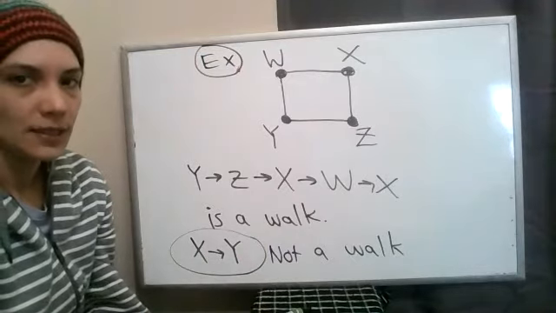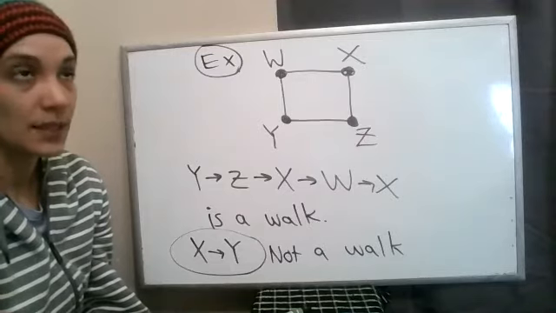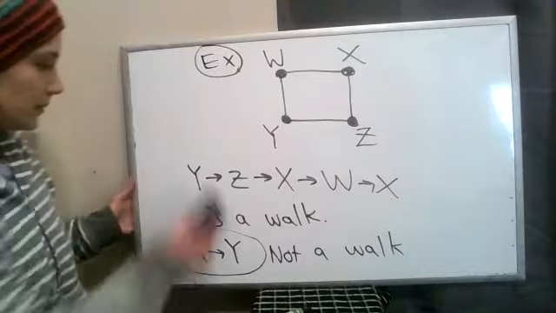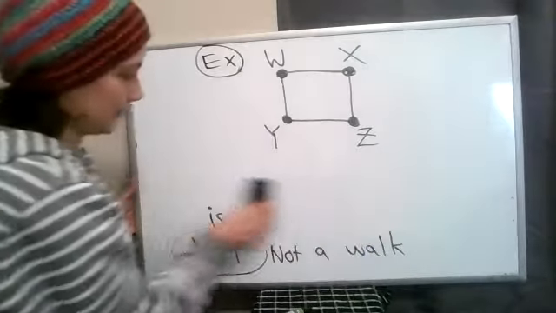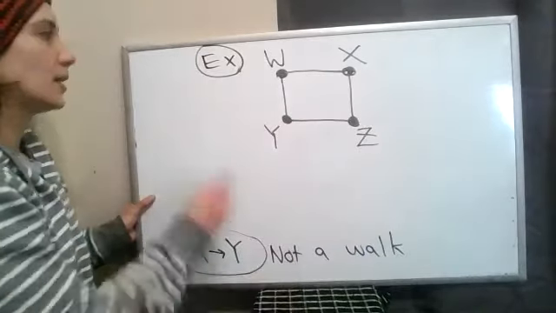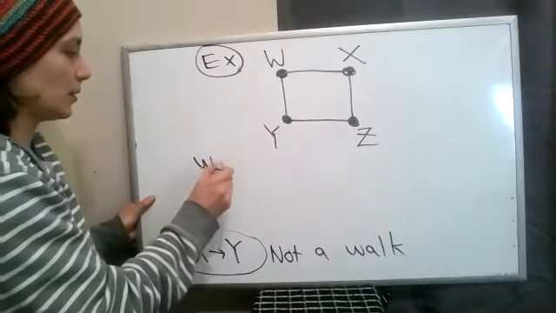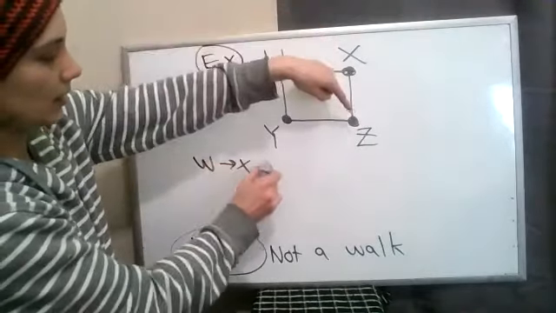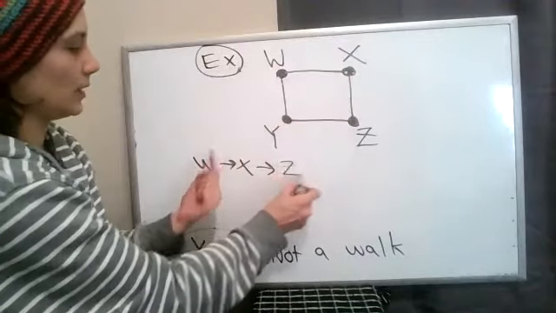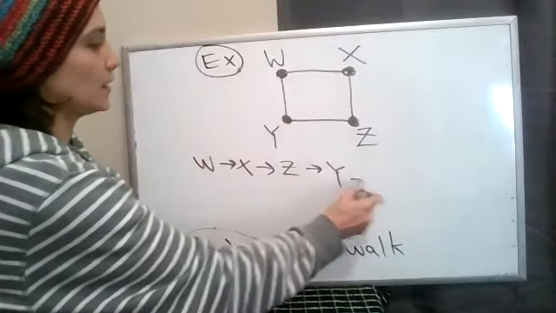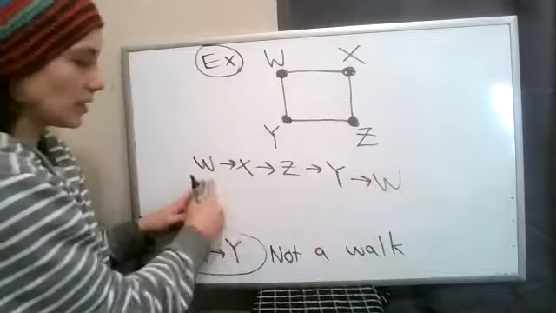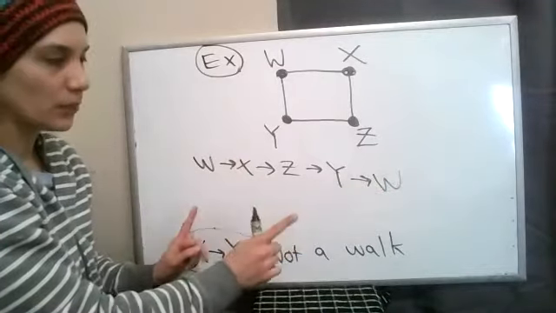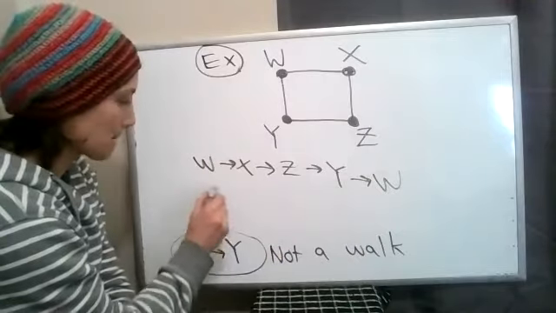If we go W, X, Z, Y, W, that's going to be a circuit. W over to X, down to Z, across to Y, back to W. So you start where you end, and you don't reuse any of the edges more than one time. You have a circuit.